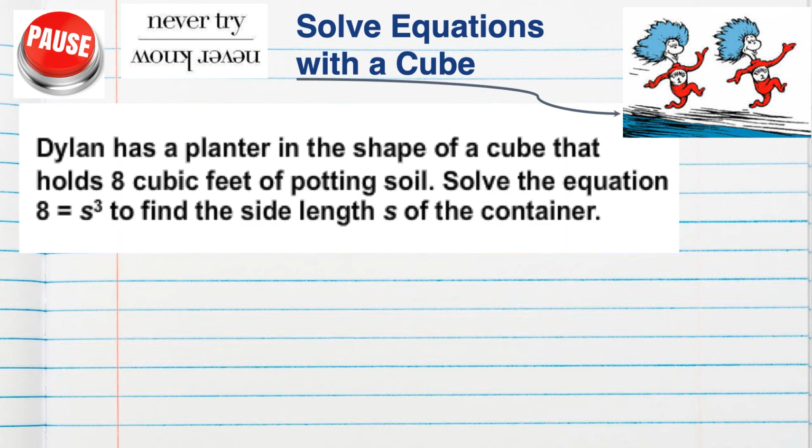All right, next one. Dylan has a planter in the shape of a cube that holds 8 cubic feet of potting soil. Solve the equation 8 is equal to s cubed to find the side length s of the container. Go ahead and pause the video and try it out.